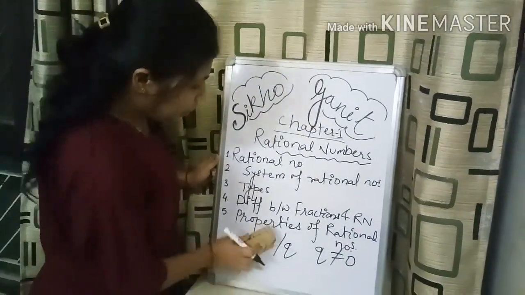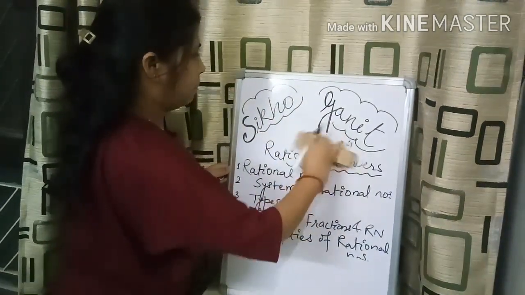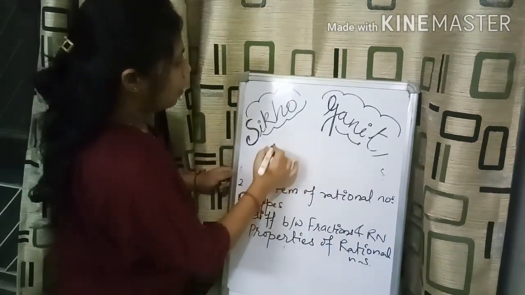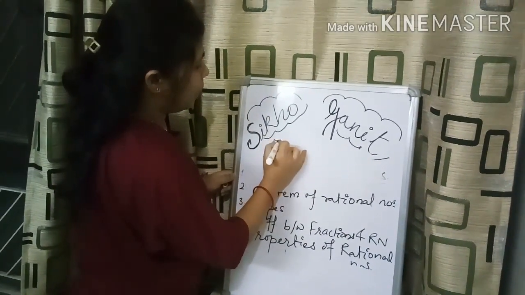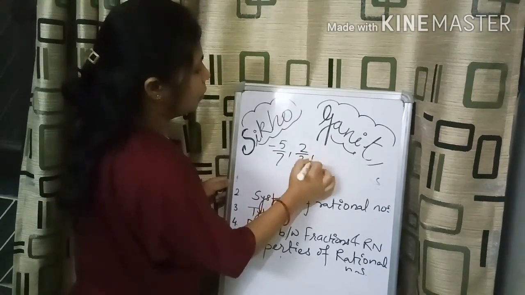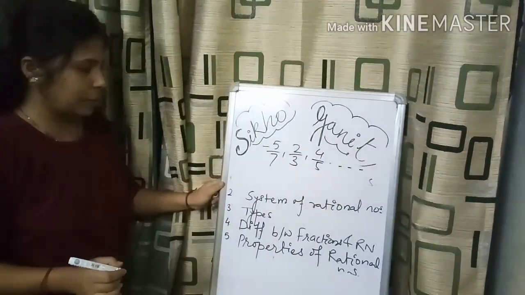As for example, -5 by 7, 2 by 3, 4 by 5, these are rational numbers.